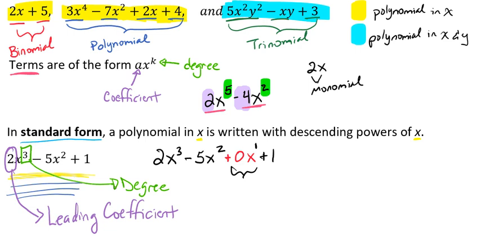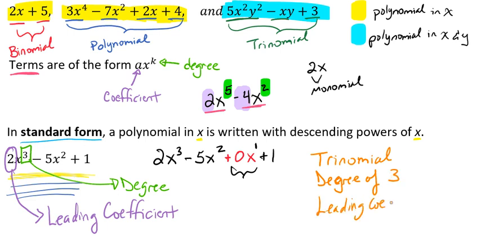So here, if we were to classify this, we would have a trinomial because it is made up of three terms. It has a degree of 3, and its leading coefficient is 2.